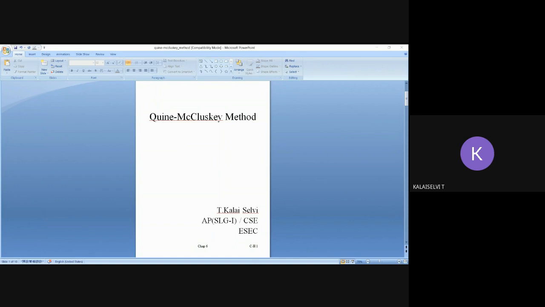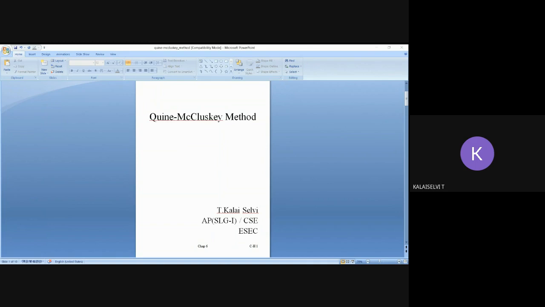We are considering f of A B C D equal to summation of 0, 1, 2, 5, 6, 7, 8, 9, 10, 14. It is a 4 variable Boolean function. 0 is represented as 4 zeros, and 1 is represented as 0001. 2 is represented as 0010, and 5 is 0101.